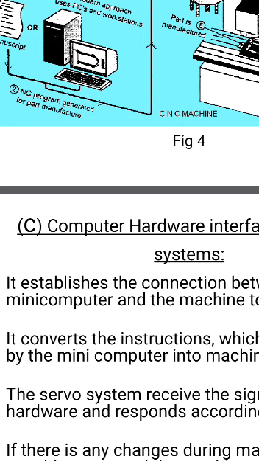So it is not directly connected to the CNC machine; it is connected to the interface. From there, the CNC receives the signals from the computer and runs the machine. That is called the interface and servo system.